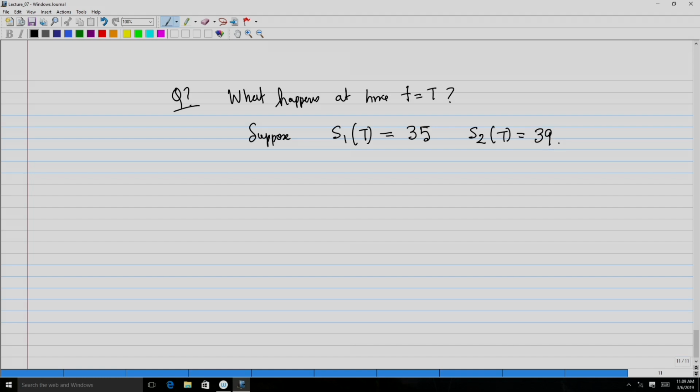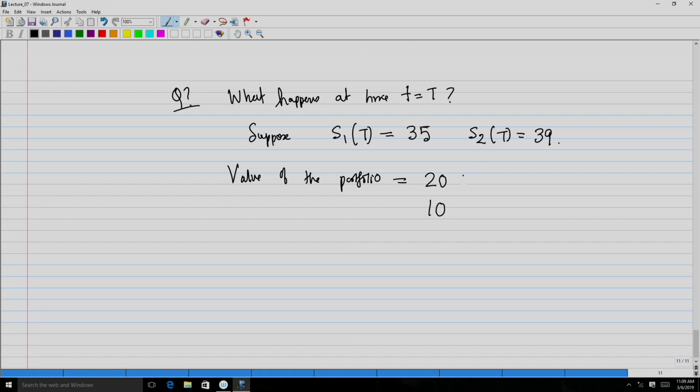Then what is going to be the value of the portfolio, right? So, the value of the portfolio, remember what was your portfolio? Your portfolio had 20 shares of the first stock and 10 shares of the second stock.